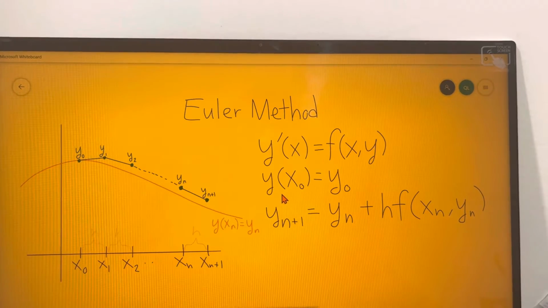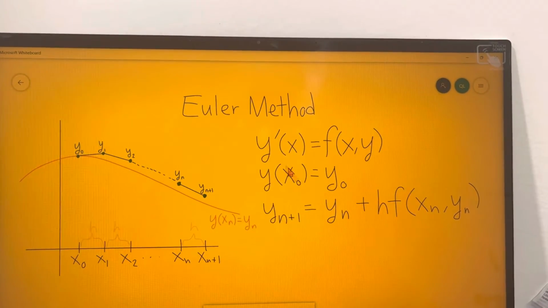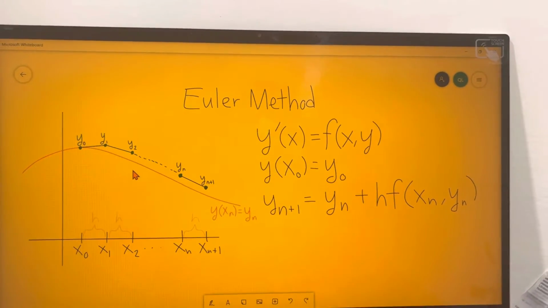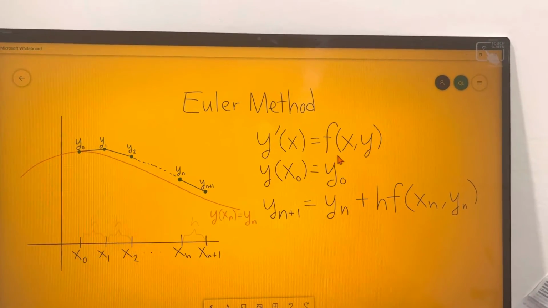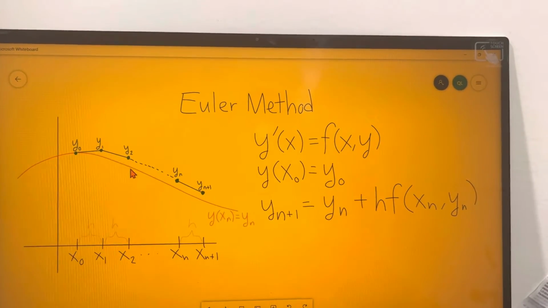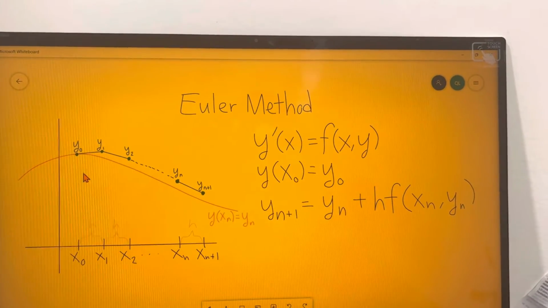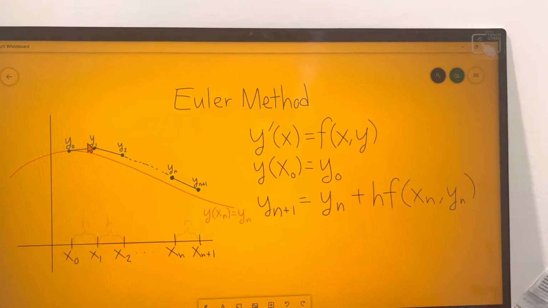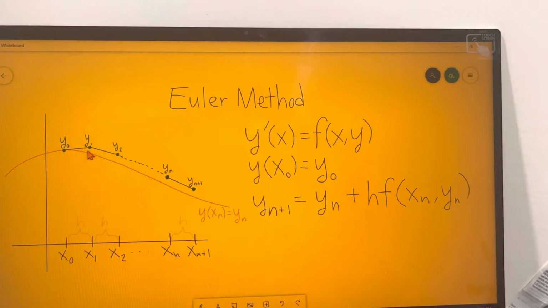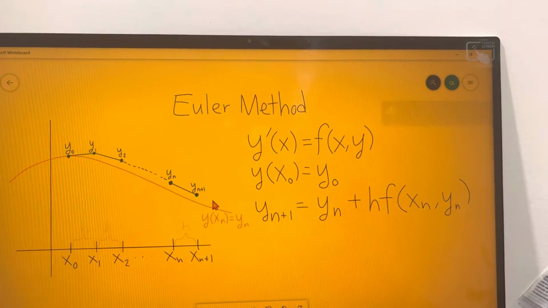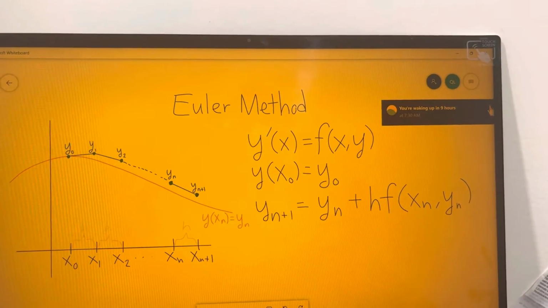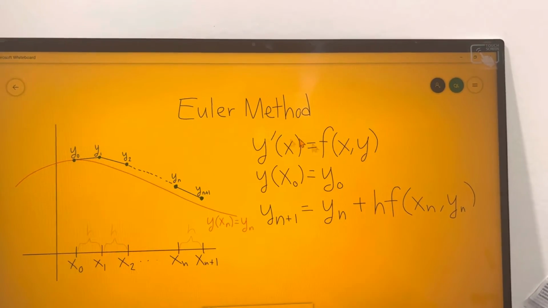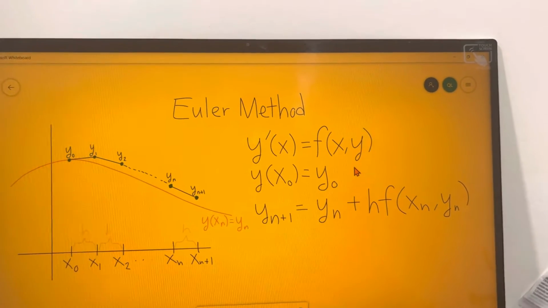We get the y at some initial point x0, so y of x0 is y0. It's basically a reiteration, a formula where we keep utilizing the technique, like an algorithm. Eventually we get to some point here, and that point is going to be our approximation of some value, a solution for the differential equation in a way.